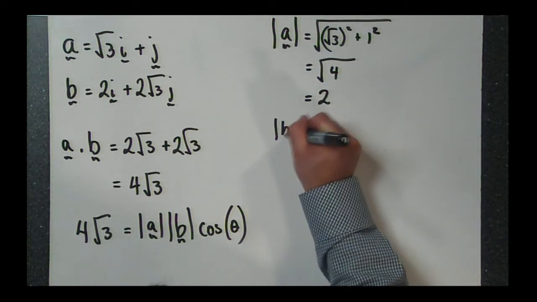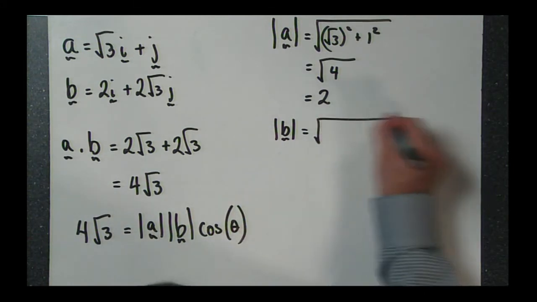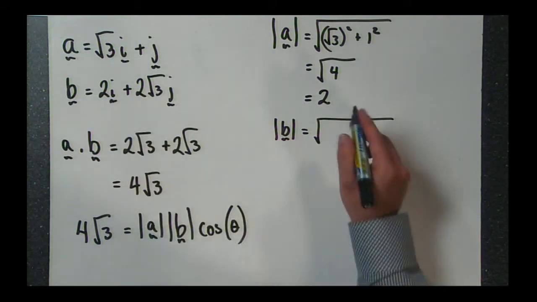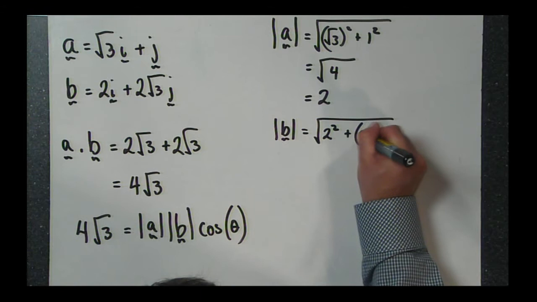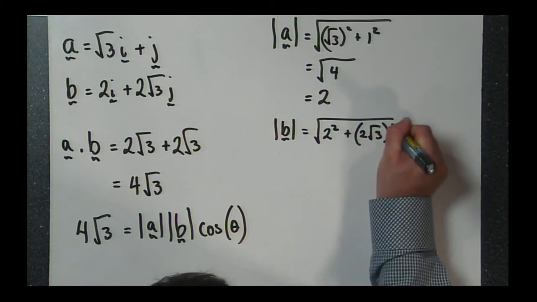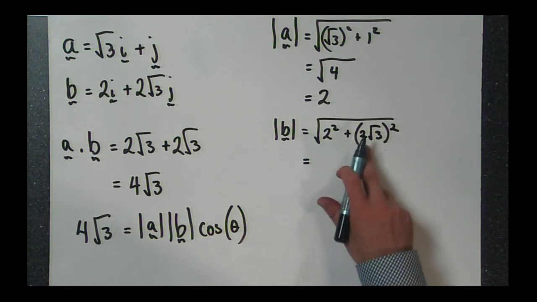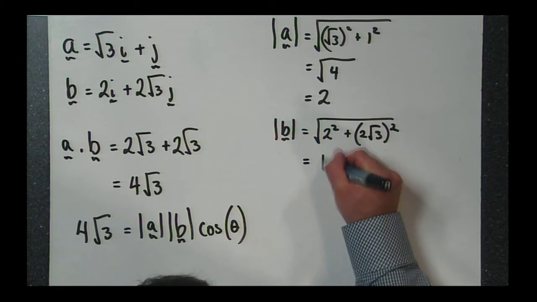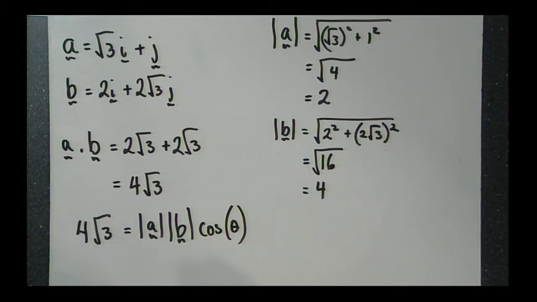Now the magnitude of B equals the square root of, what have I got? I've got 2 squared plus 2 root 3 all squared. Okay, so that's 4 plus 4 times 3, so I get 16, square root of 16, which equals 4.